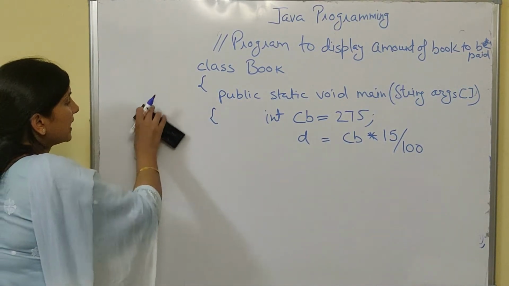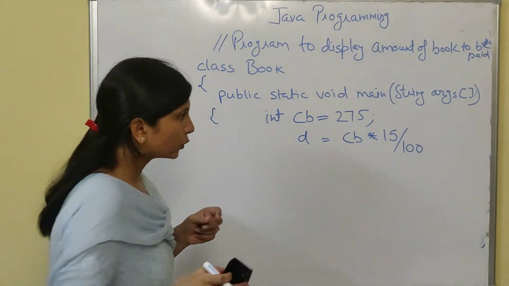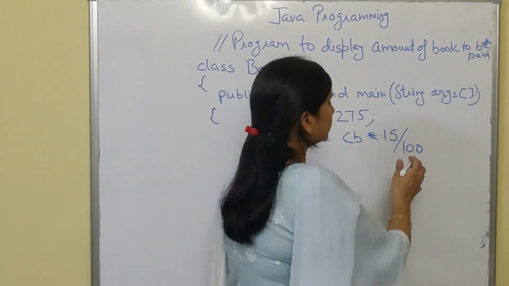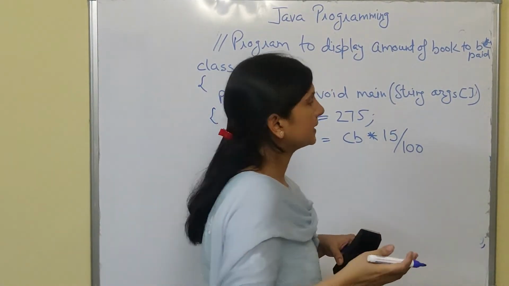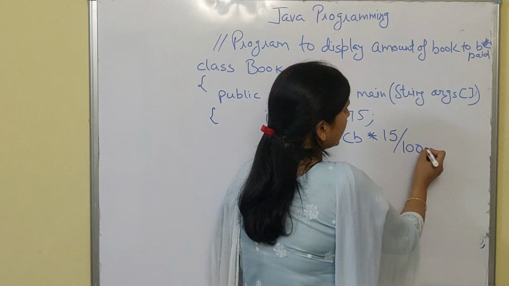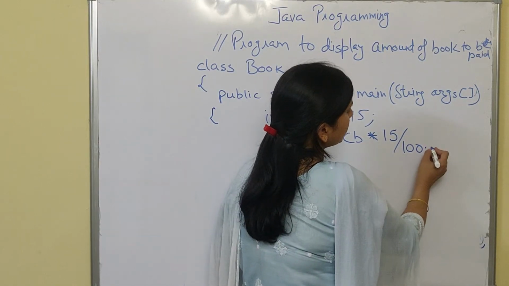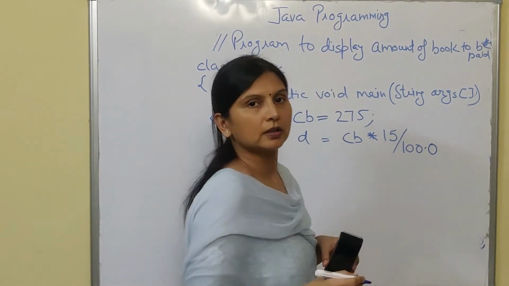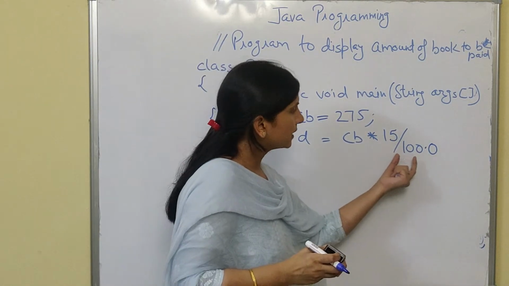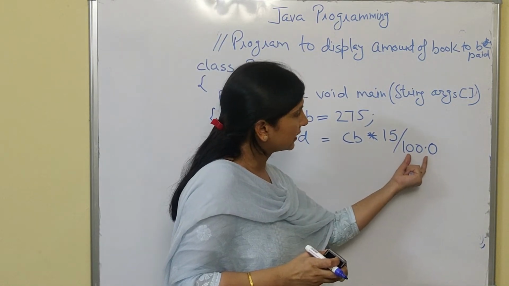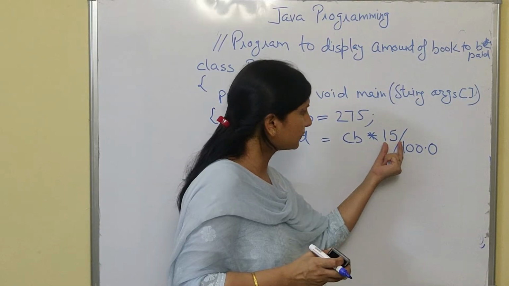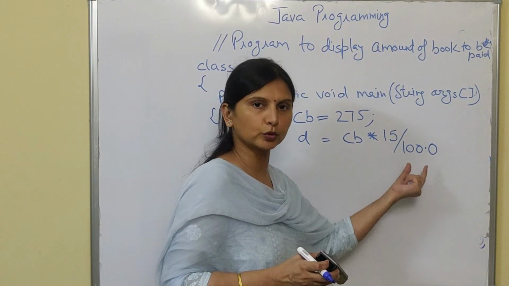But if you want the exact value, what will we do? We will make it floating, or we will make it decimal. We will add 100.0. So what have we done? Either we can add decimal with 100 or with 15, or we can add with both.